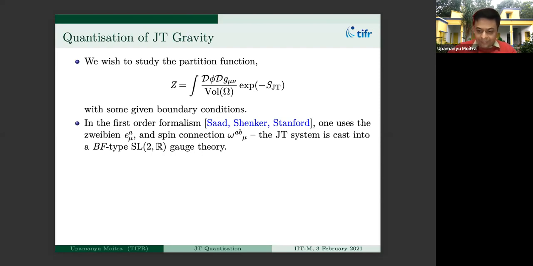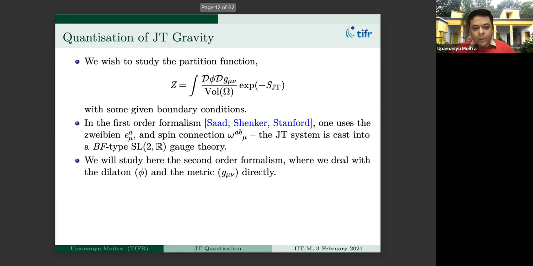And they found that this corresponds to some double scaled matrix model. But our goal here is to study this quantization in the second order formalism, where we do not go to this Zweibein and spin connection, and instead treat the metric and the dilaton in a direct manner.